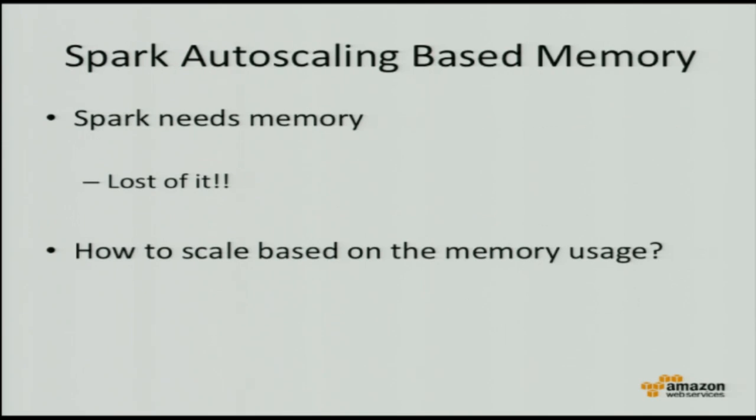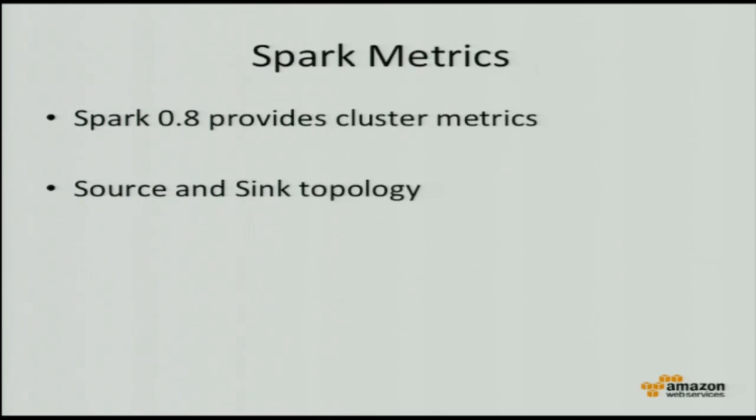But what if you want to do that with memory? We've talked about CPU. How do you do that with memory? And a typo there, it should be lots, not lost. Spark 0.8 introduced something really great, which is Spark metrics. It's a concept of source and sink, meaning that a source collects data and a sink gathers the data.